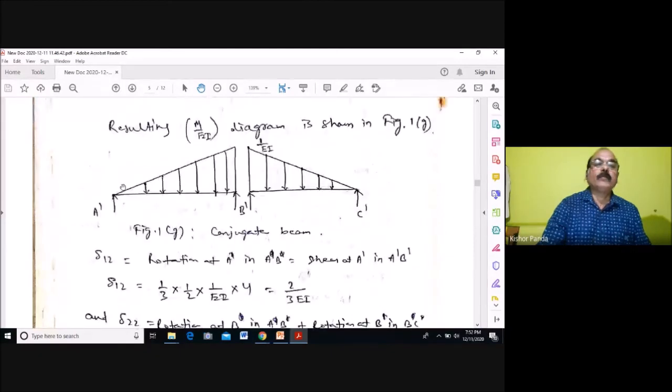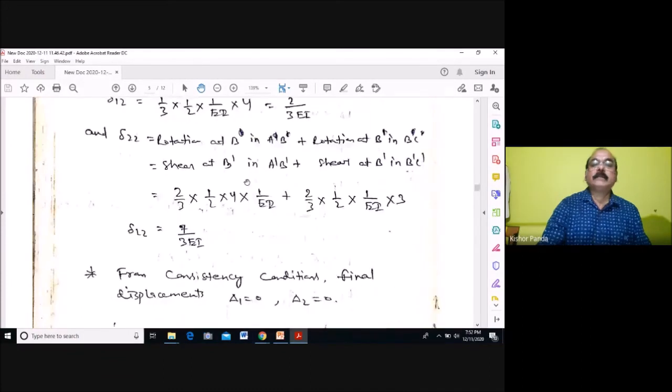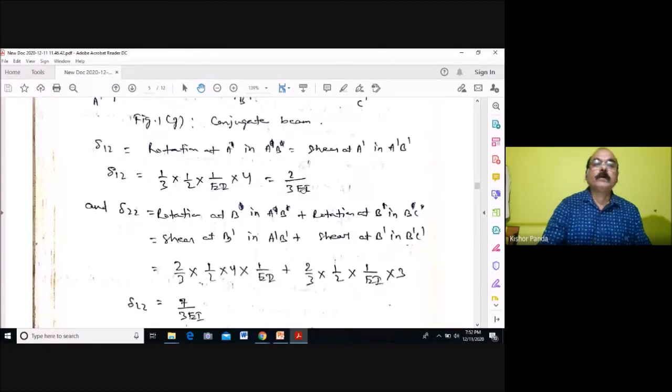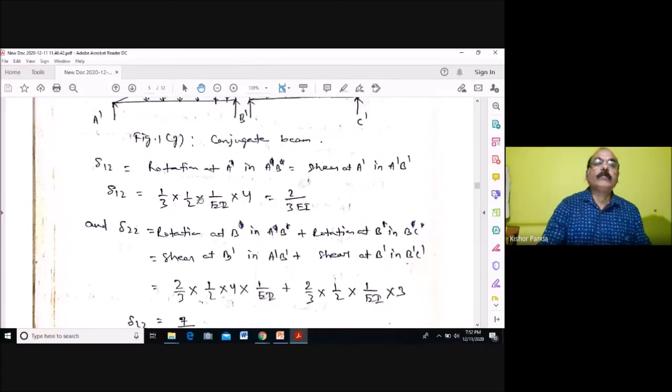Similarly, you can find out the shear, the reaction here, by taking moment about this point: RA' into 4 is half into 4 into 1 by EI, into the CG distance, this one, 2 by 3, so delta 1-2.